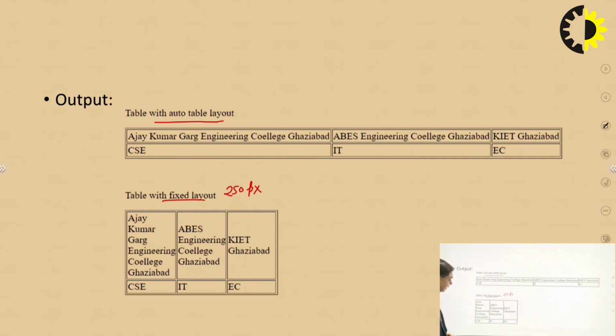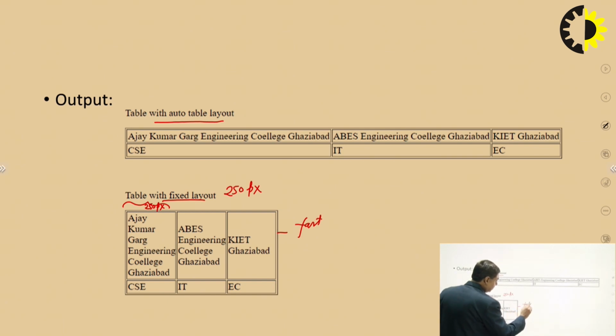In that case, the content will be adjusted within the same width, 250 pixels. So we have decided what the width of a cell will be, and accordingly the content will be adjusted. In this case, it will load fast because the table width has been fixed.